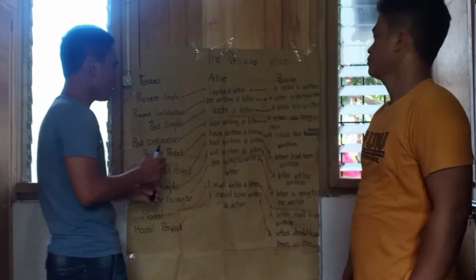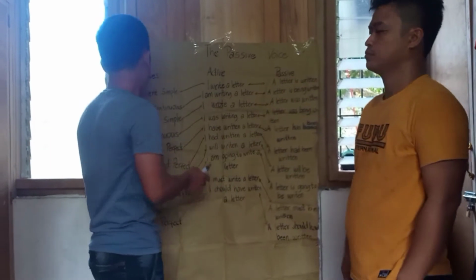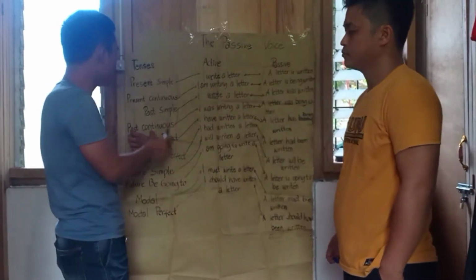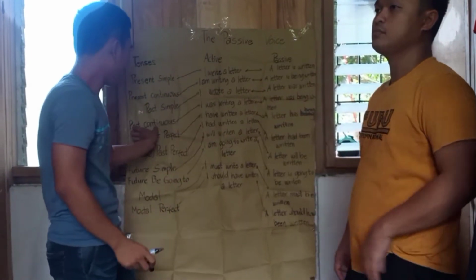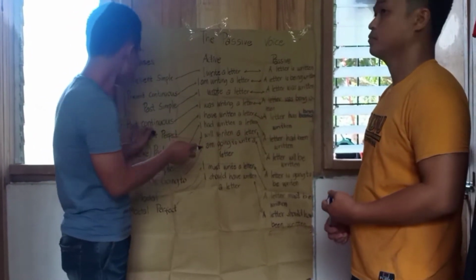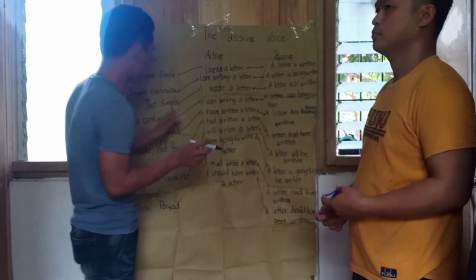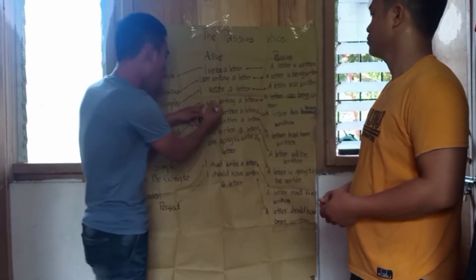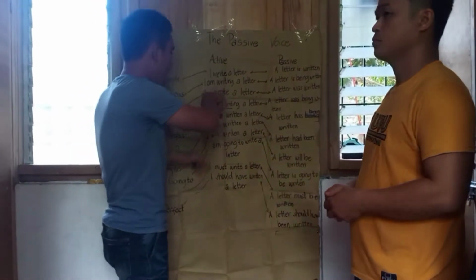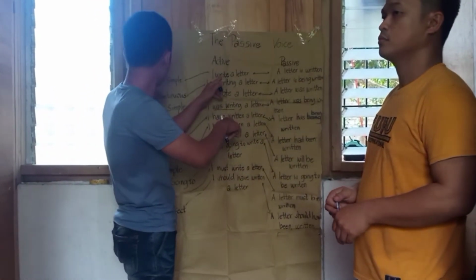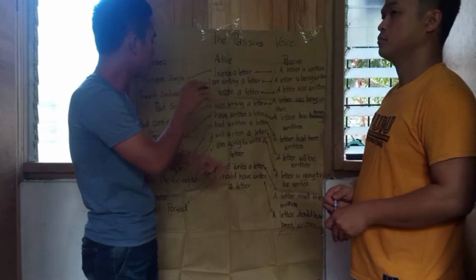So we are going to apply the past continuous in active voice. The past continuous here in this active voice is was writing. We put was, and then the present simple is changed to writing.